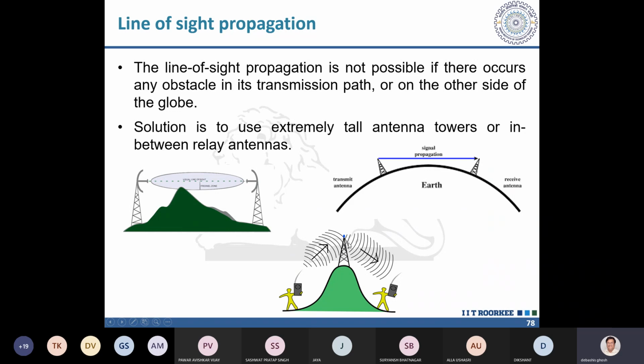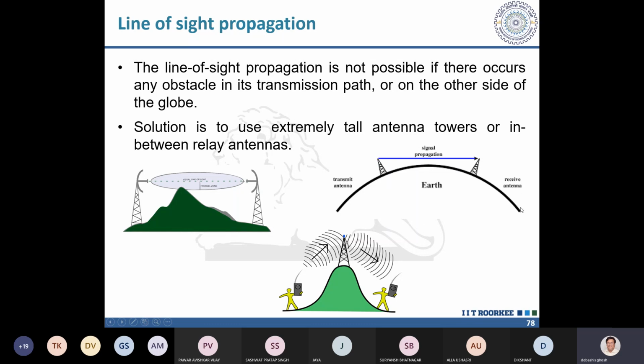You might have seen this in many places, for radio and television stations: towers on top of hills or mountains. They are actually relay stations. They take the signal from this side and redirect it to the other side of the hill. That is how line of sight communication can still take place.